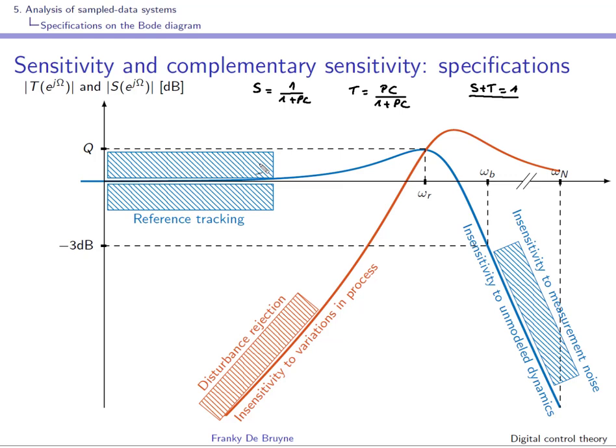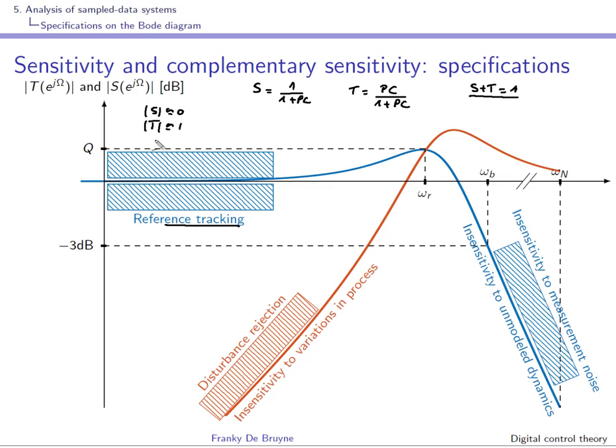So these are the specifications that we had imposed in the low frequency range. So T in modulus approximately 1, S in modulus approximately 0. This we have imposed for a good reference tracking, and this we have imposed for a good disturbance rejection and insensitivity to variations in the process.